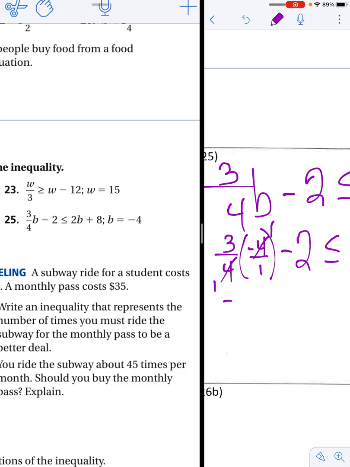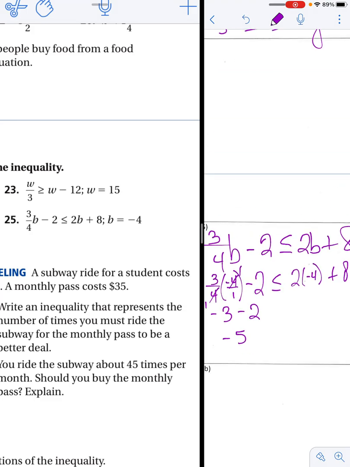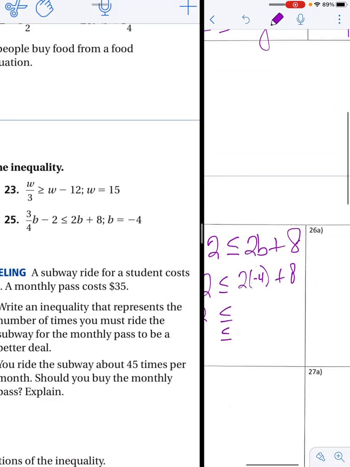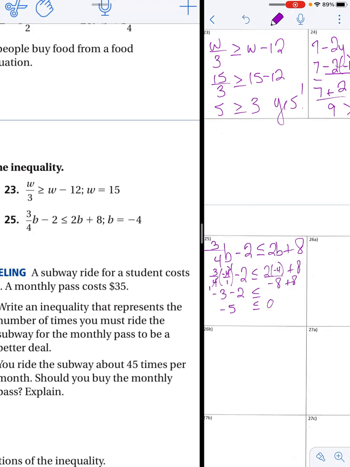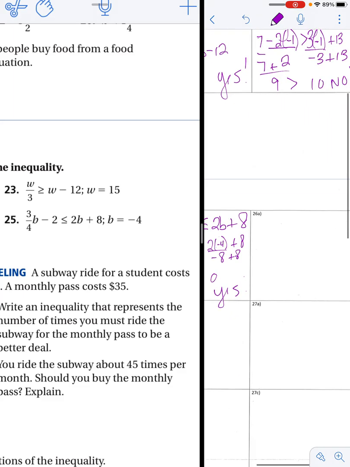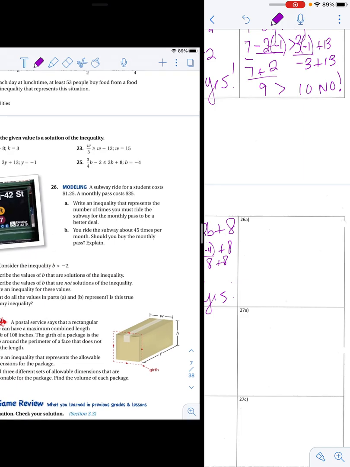I'm going to cross cancel and get a negative 3 over 1, which is just negative 3 minus 2. Negative 3 minus 2, same sign, find the sum, is a negative 5. Solve on the right. 2 times negative 4 is negative 8, plus 8 is 0. Negative 5 is less than or equal to 0, that would be true. So yes, negative 4 is a solution for this inequality.